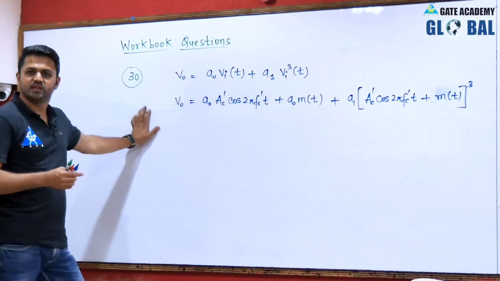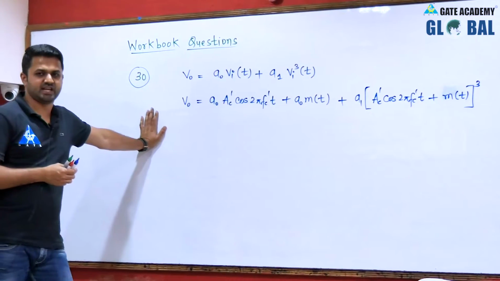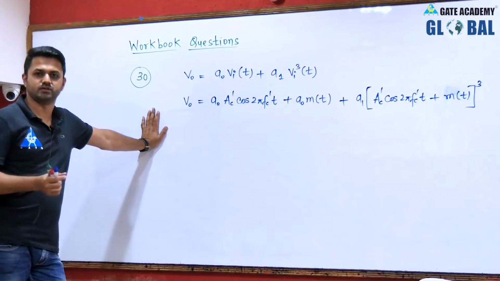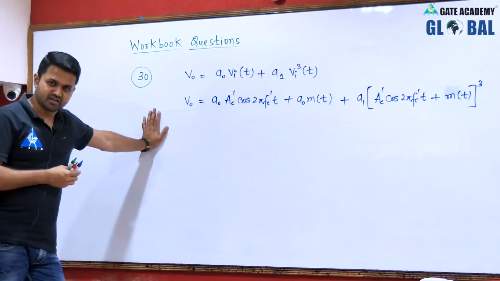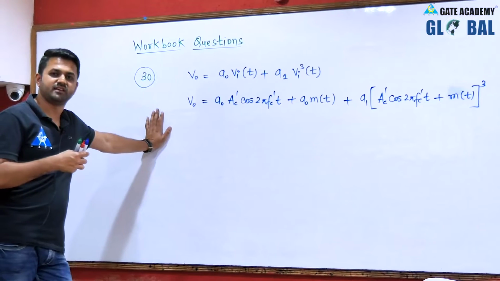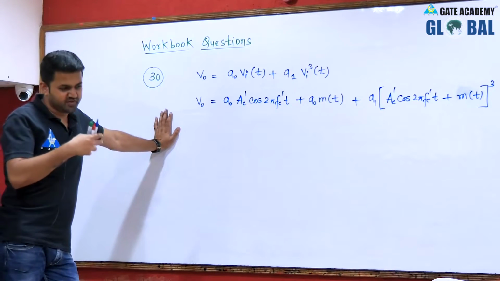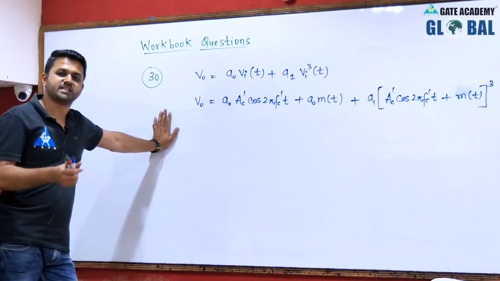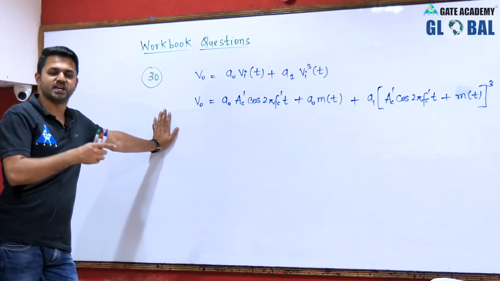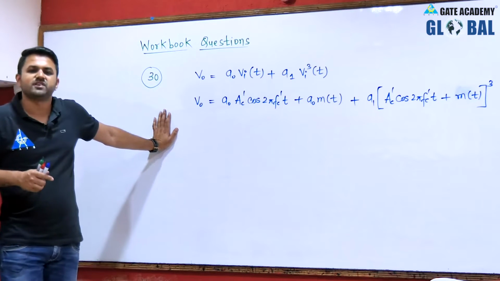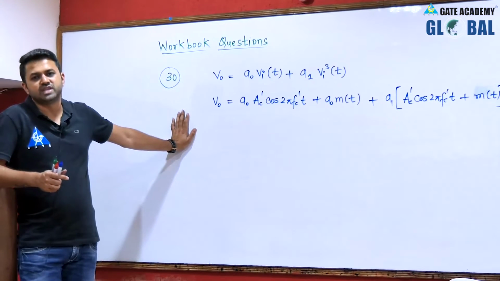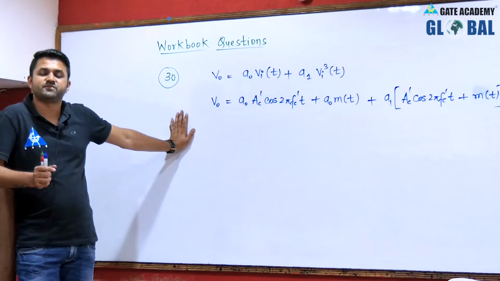Now, we will expand this, and after expanding we will get a number of terms, and these terms will give a number of frequency components, so that we can decide, if we want to generate double sideband suppressed carrier, what should be suppressed and what should be passed by the band pass filter. Whenever we talk about a filter, we should always know what the input to that particular filter is.